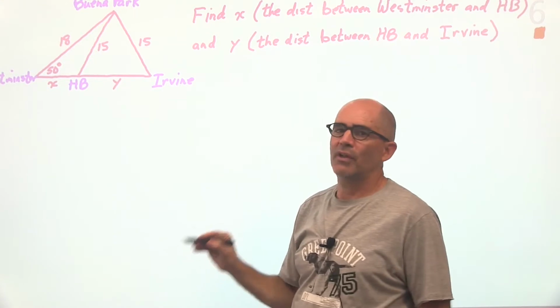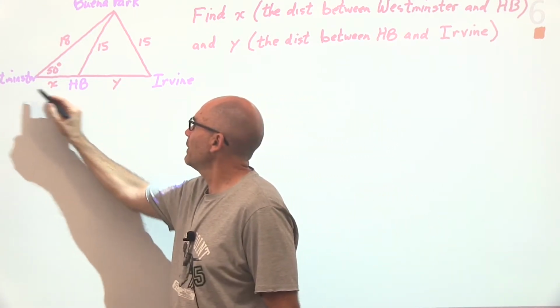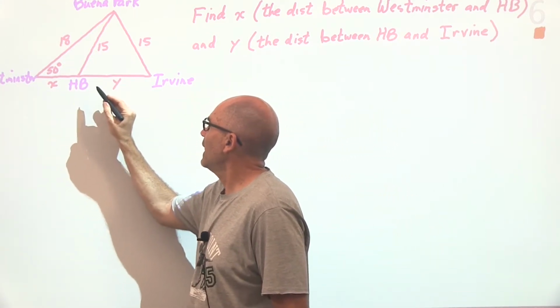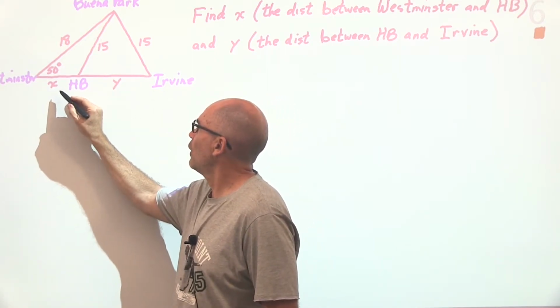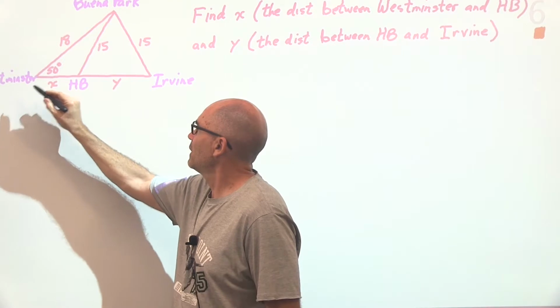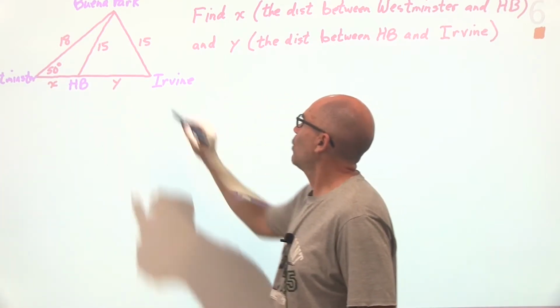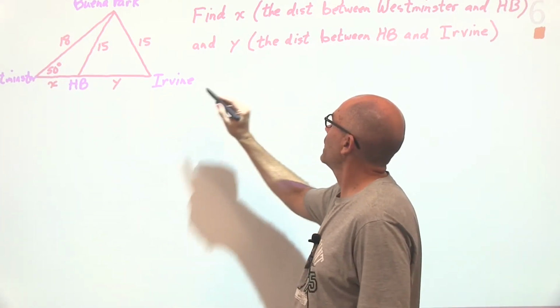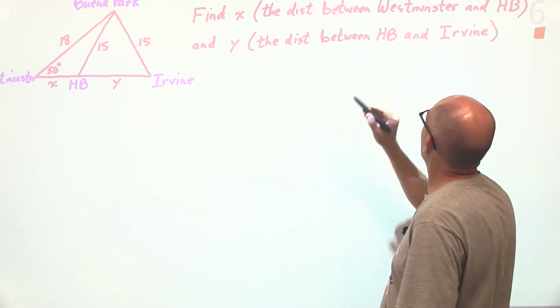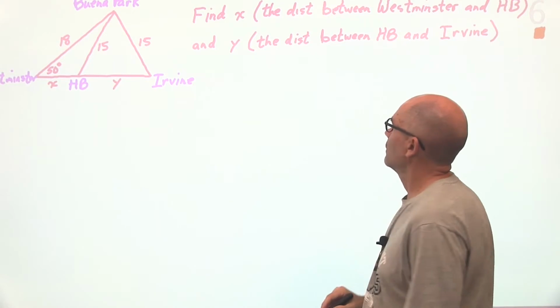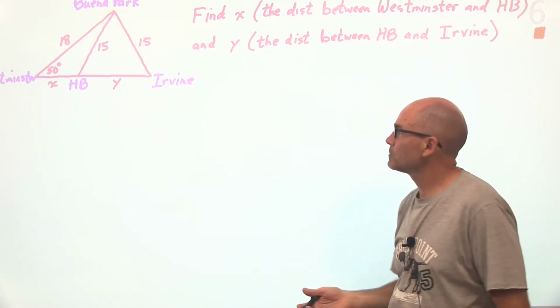What we want to do is find out how far Westminster and Huntington Beach are apart and how far Huntington Beach and Irvine are apart. So we're going to call X the distance from Westminster to Huntington Beach and Y the distance from Huntington Beach to Irvine. So we want to find X and then find Y. Well, how do we do that?